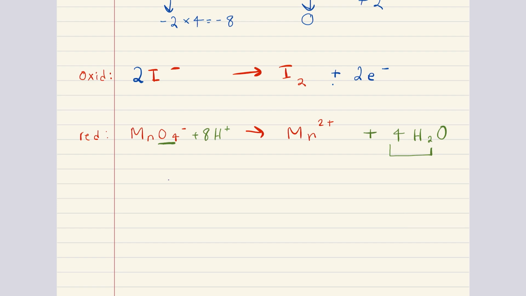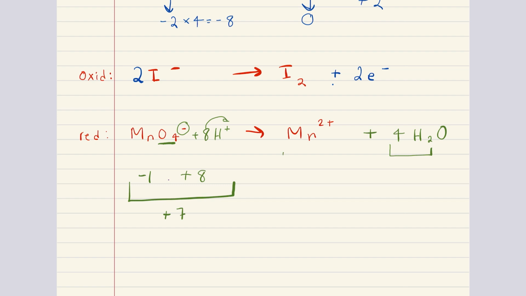Then finally, we want to balance the charges by adding electrons. Let's look at our reactant side. Here we have a -1 charge, and then we have 8+ charge from our hydrogen ions. This gives us a total charge for our reactant side of +7.